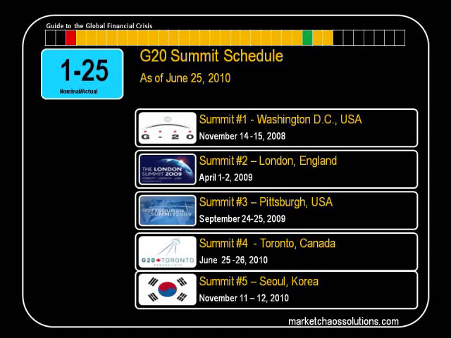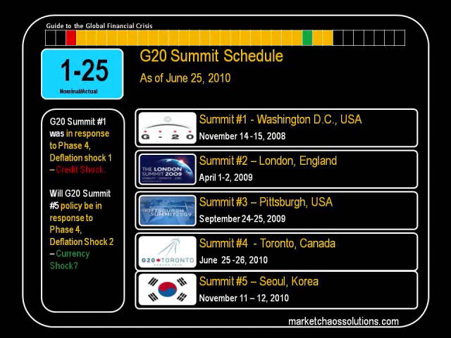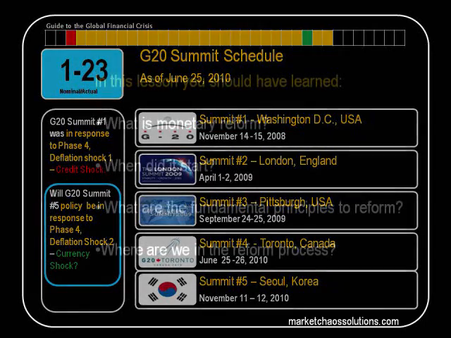Summit number 4, Toronto, Canada, June 25th, 26th, 2010. And Summit number 5, Seoul, Korea, November 11th through 12th, 2010. G20 Summit number 1 was in response to Phase 4 deflation, shock number 1, the credit shock. Will the G20 Summit number 5 policy be in response to Phase 4 deflation, shock number 2, the currency shock?